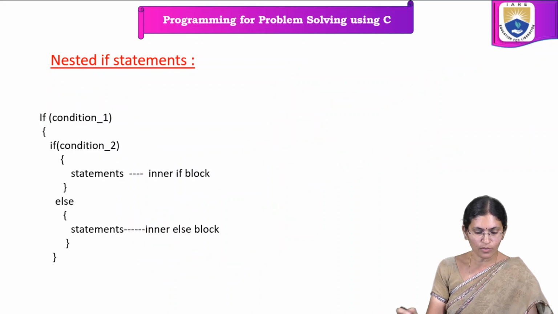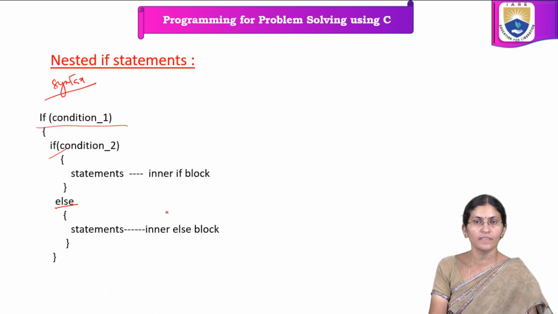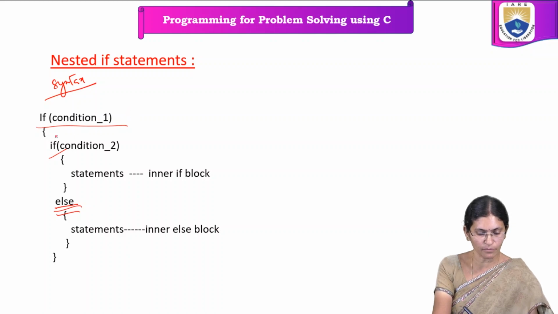So we can also include an else part inside the inner if statement. So here this is the syntax. This is another form of nested if statement. We can also include the else part. So here also the program flow is the same. First the control is transferred here, it will check this condition 1.